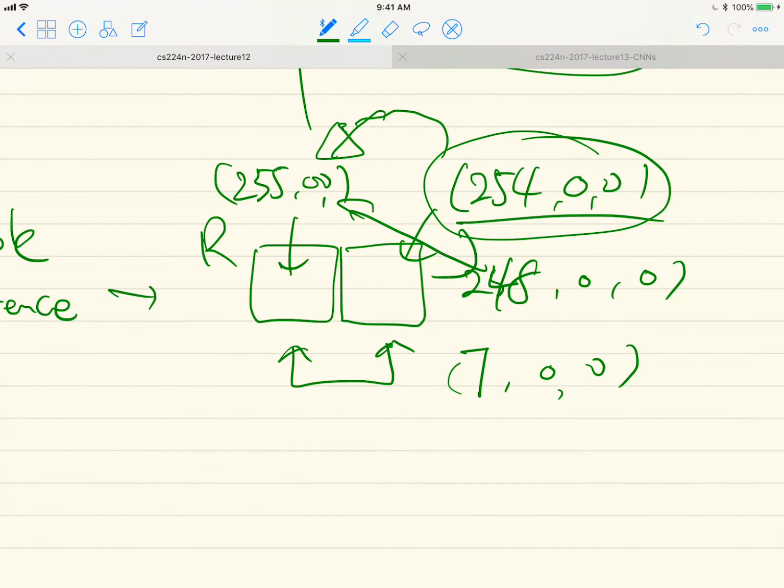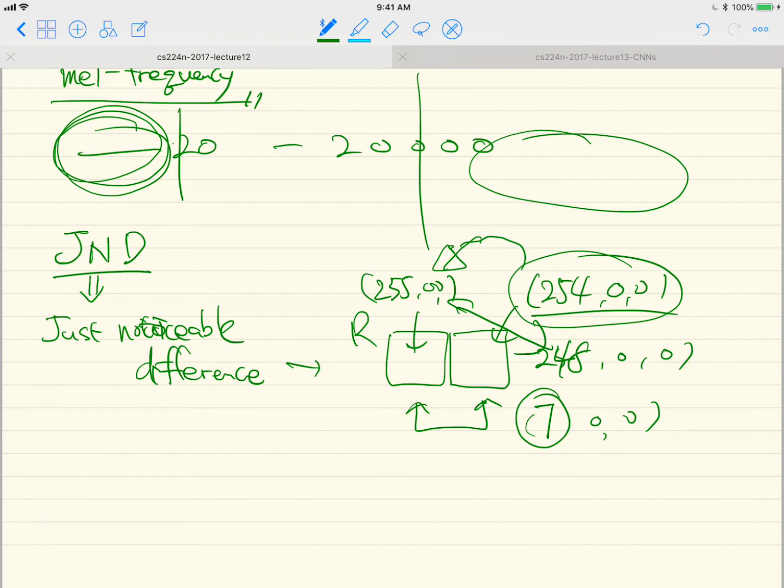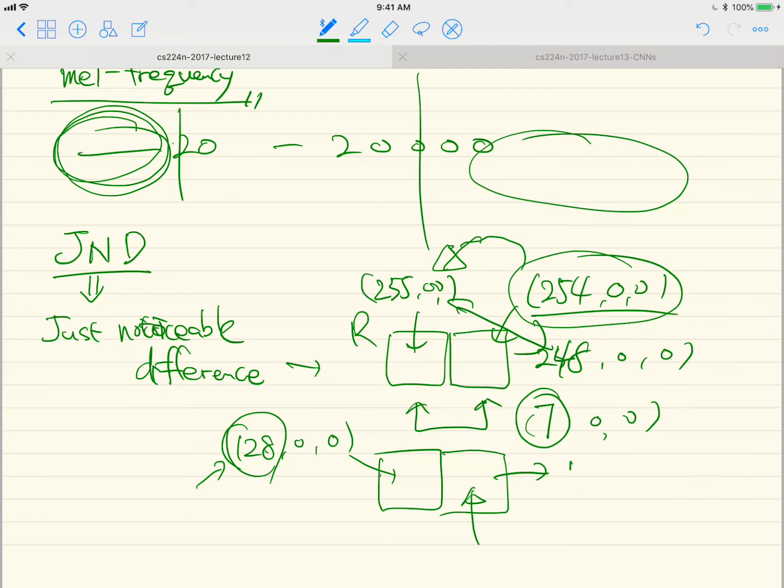But would that difference of 7 in the red channel be the same when it comes to maybe 128, 0, 0? When placing almost the same color and decreasing the value, we may be more sensitive to this less red color, and even if it's 126, 0, 0, we may already be able to notice the difference between these two colors, right?